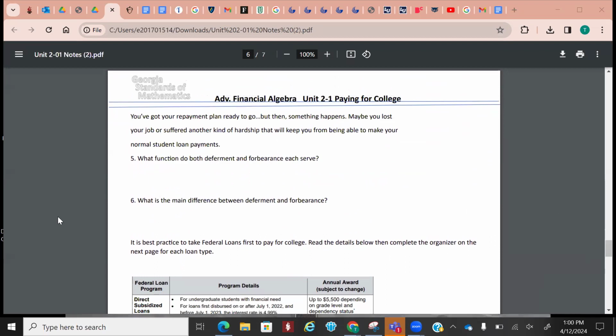Okay. So you've got a repayment plan ready to go, but then something happens. Maybe you lost your job, or suffered some other kind of hardship that'll keep you from being able to make your normal student loan payments. What function do both deferment and forbearance each serve? So they stop the payment on the loan.